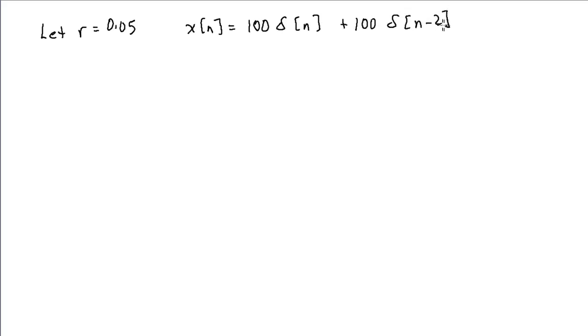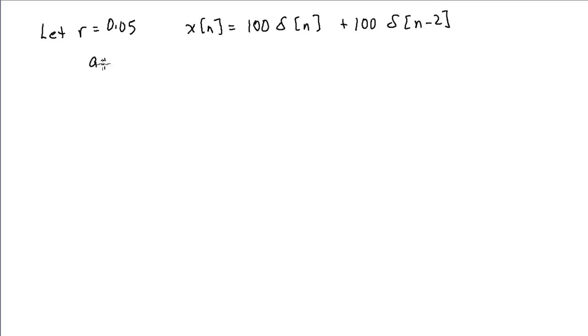So as an example, let's let r equal 0.05, it's 5% interest, and I'll model our deposits as we start with an initial deposit of $100, and then I'll add an additional $100 2 years later, and I want to calculate how my account grows.